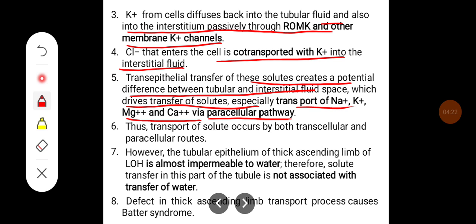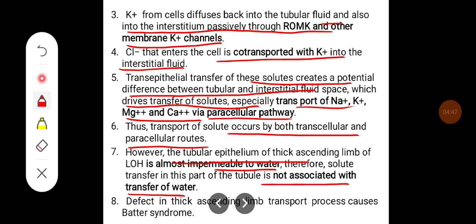Thus, transport of solute occurs by both transcellular and paracellular route. However, the tubular epithelium of thick ascending limb of loop of Henle is almost impermeable to water. Therefore, solute transfer in this part of the tubule is not associated with transfer of water.